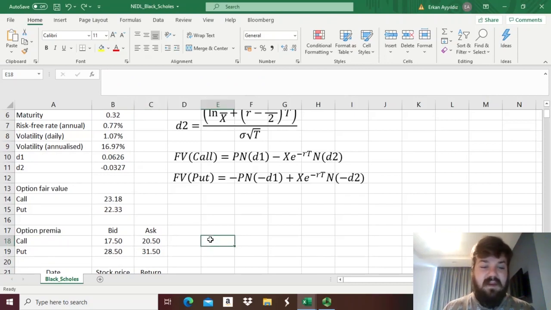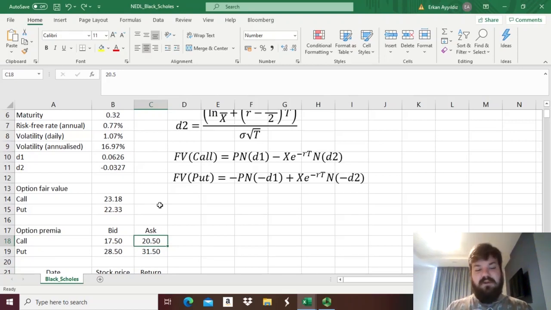It means that the call options are undervalued because their fair value is higher than the market price at which you can hold the option. Well, you always want to buy undervalued instruments in finance. So theoretically, you could profit from holding a call option for HSBC.